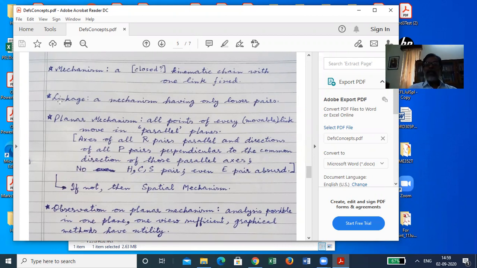Now, another definition: linkage. A mechanism having only lower pairs is called a linkage. And here you have to exercise caution, because these pages of any textbook require reading through line by line carefully, reading them several times, underlining them and putting them firmly in the head.